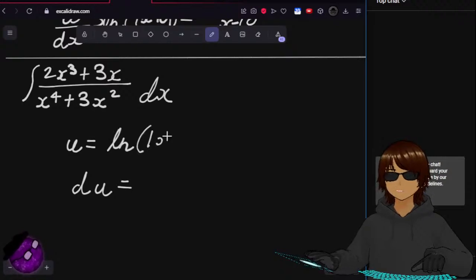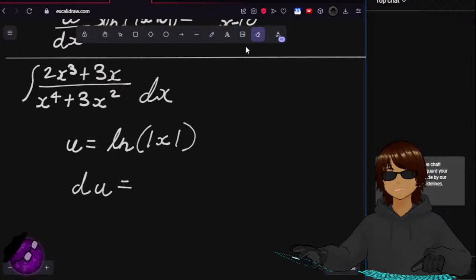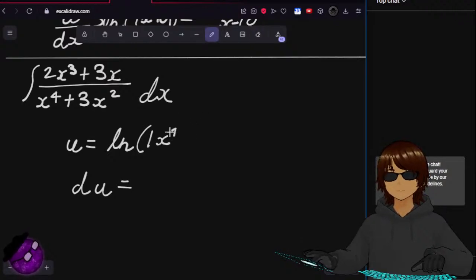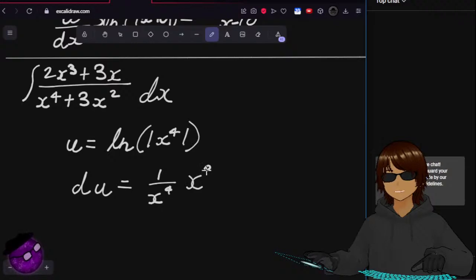The derivative of ln of x is 1 over x. Wait, the derivative of x to the power of 4 is 1 over x to the power of 4 times the inside, x to the power of 3. Huh. Let me think how I can do this.